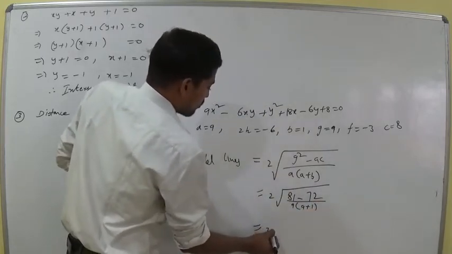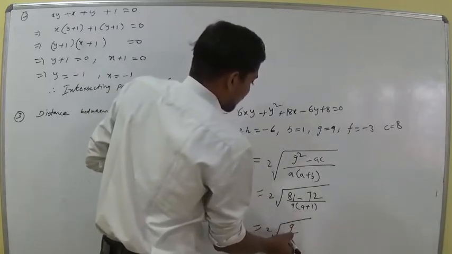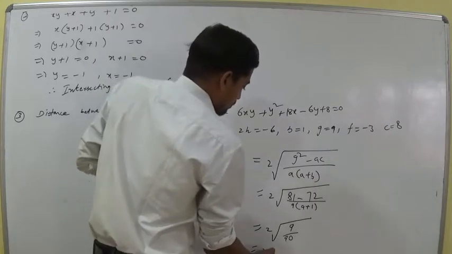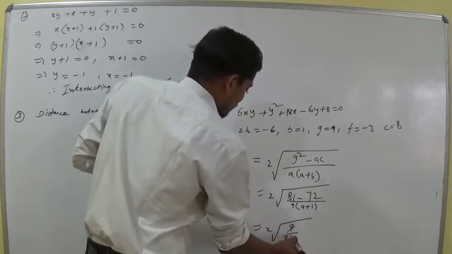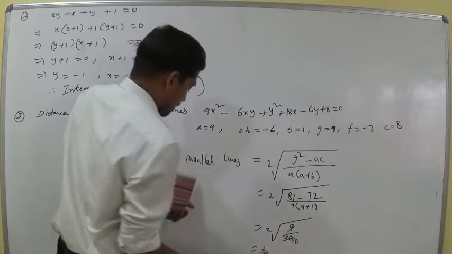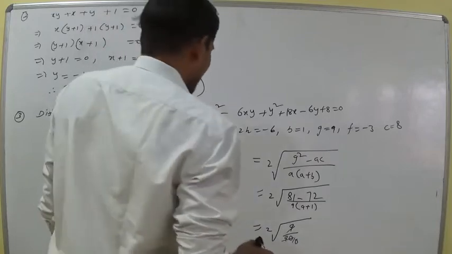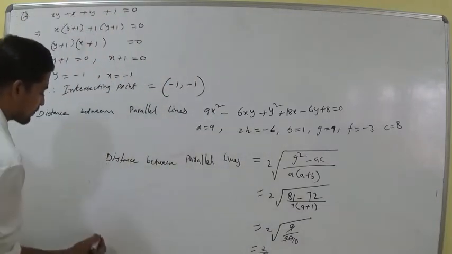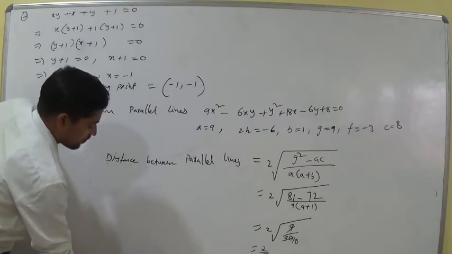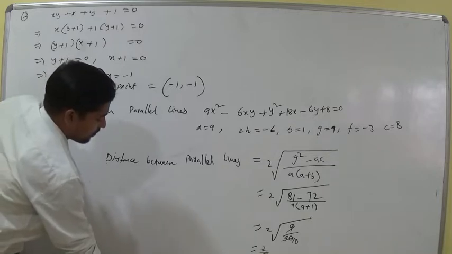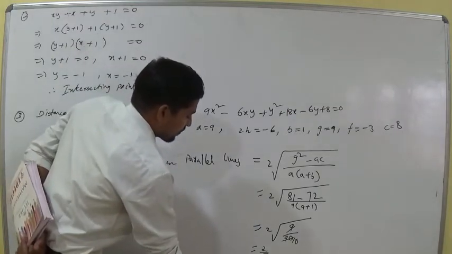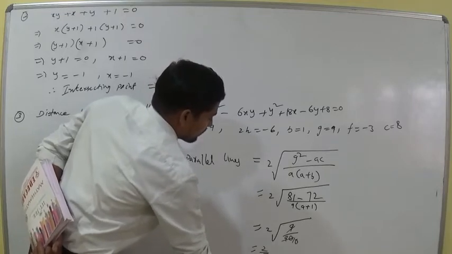So 2 square root of 9 by 90, which is equal to 2 by root 10. Therefore the distance between parallel lines is 2 by root 10. Clear?